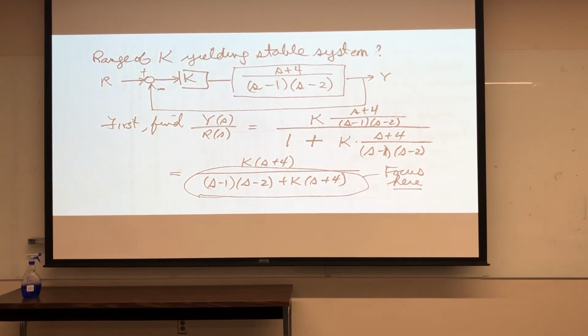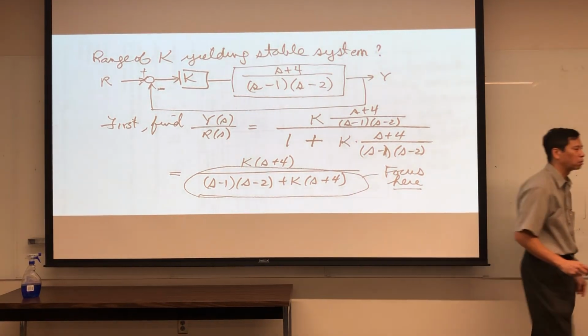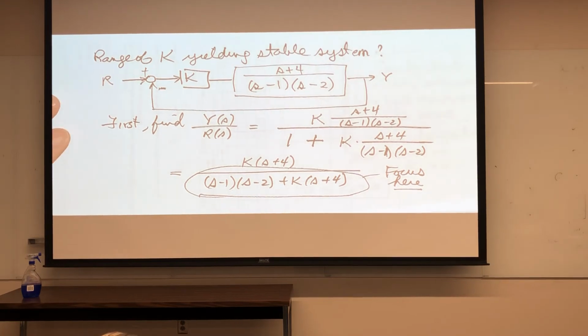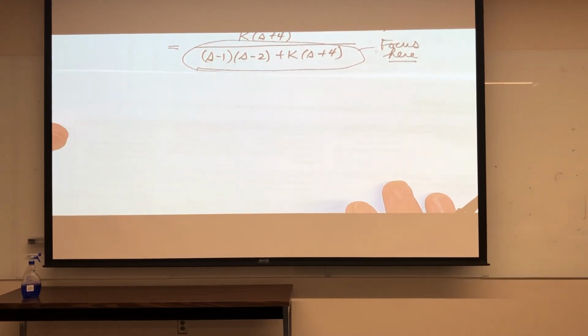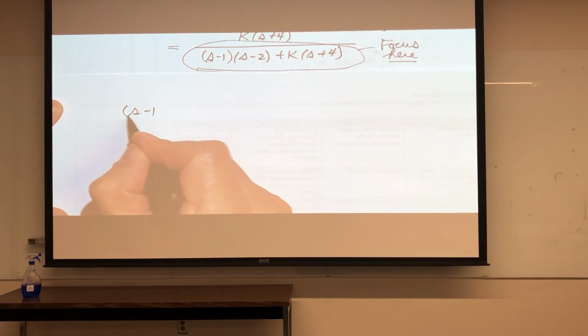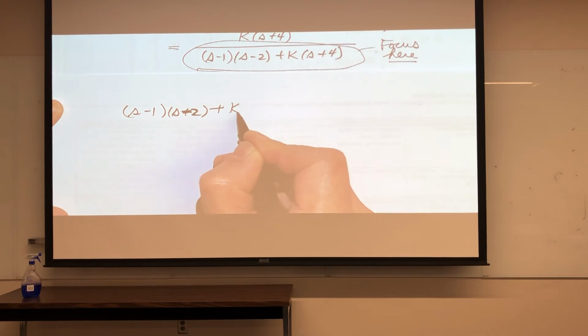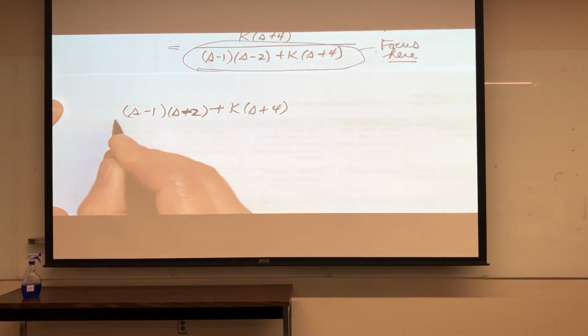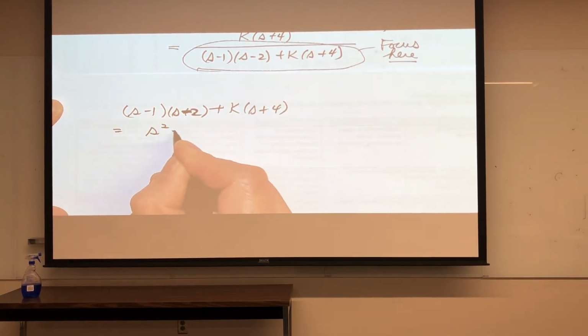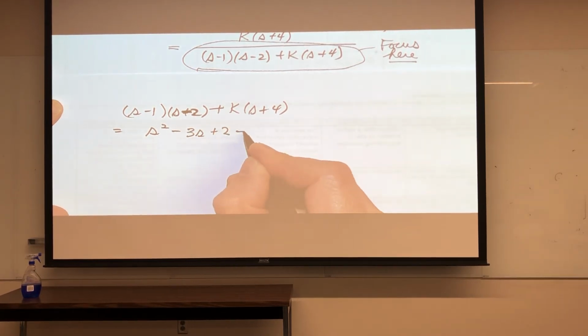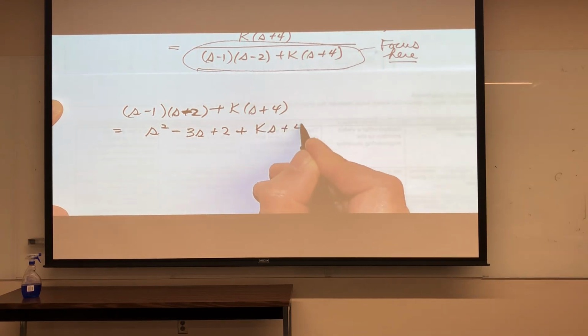In system theory, we call this the characteristic polynomial. Like the characteristic equation in calculus, the character or nature of it is determined by the denominator. So let's focus there and clean that up a little bit. (s-1)(s-2) plus K(s+4) is the same thing as s squared minus 3s plus 2 plus Ks plus 4K.